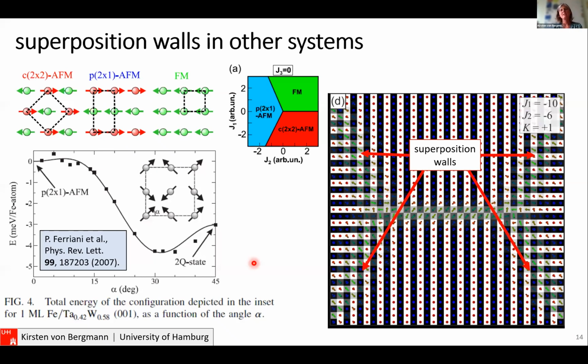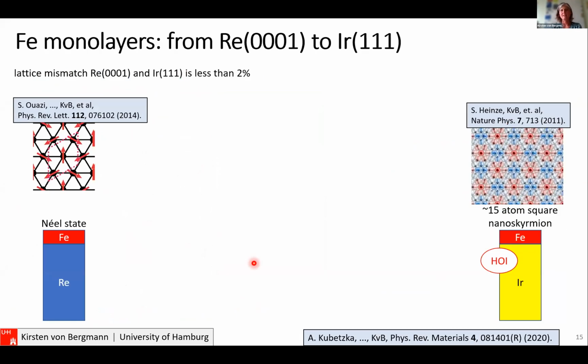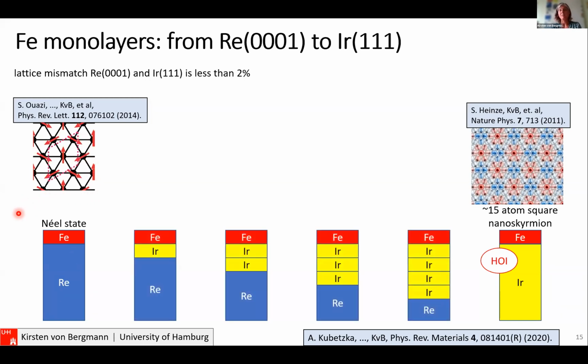So now these were very simple, straightforward antiferromagnetic systems, but we wanted to look at more complex things as well. So we have this complex nanoskyrmion lattice in the iron monolayer on iridium, which is driven by higher order interactions. And for an iron monolayer on rhenium, we just have this rather boring Néel state. So now we want to see what happens if we transition between these two.